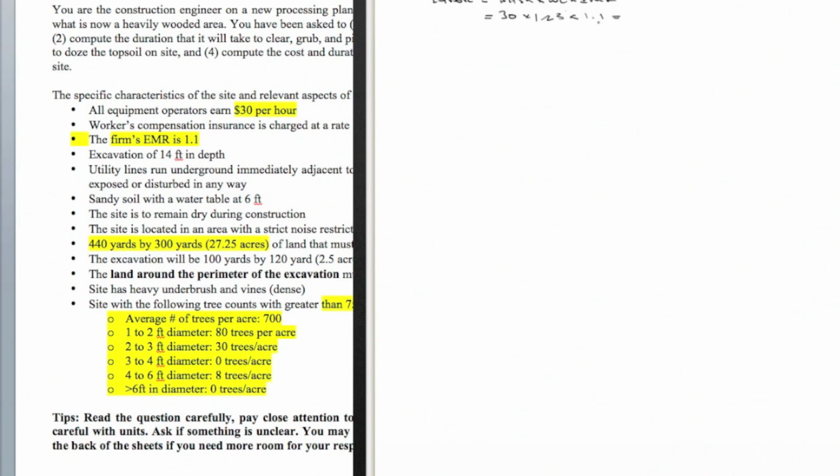That comes out to a loaded labor rate of $40.59 per hour, and that's per operator, so for one. We'll keep that in mind for later.